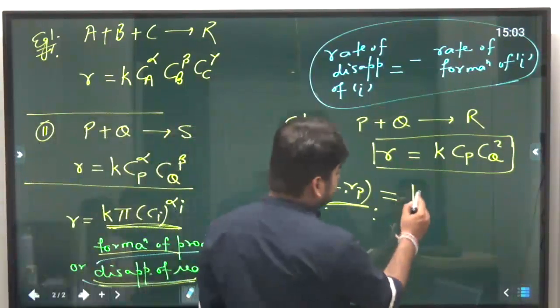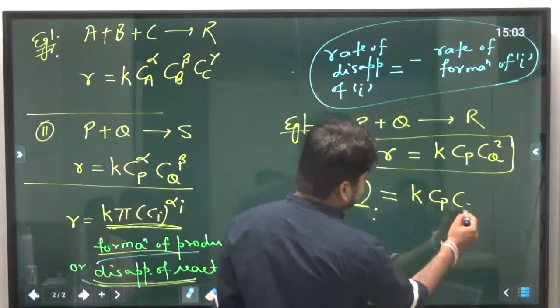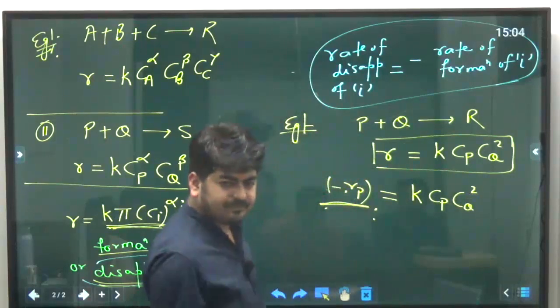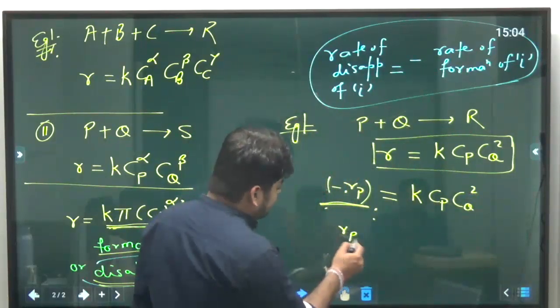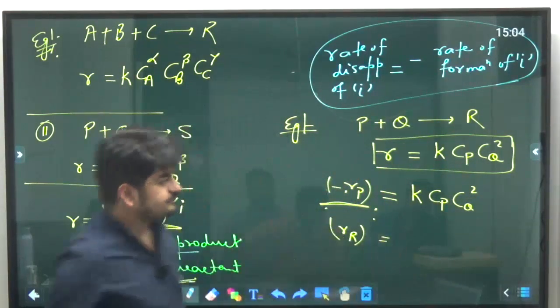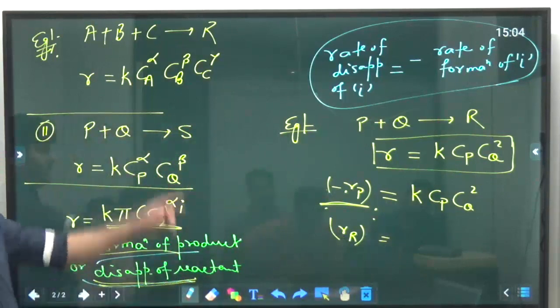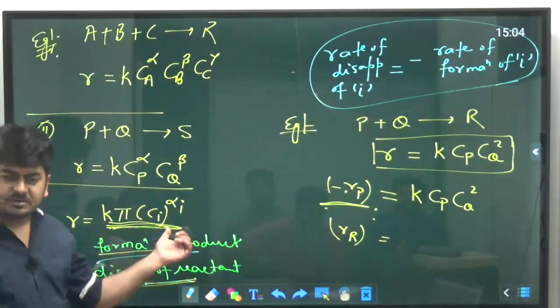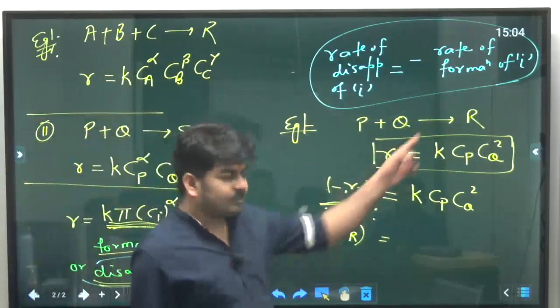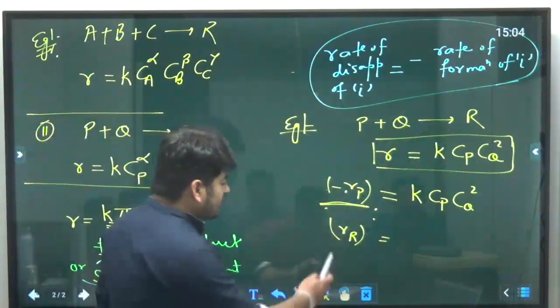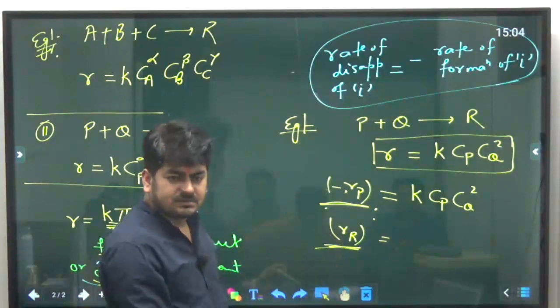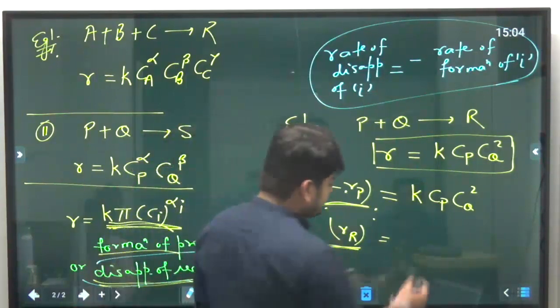So it will be, say, K Cp Cq square. If I want to write Rr, then the right hand side part represents formation of product, R is the product, and I am also talking about the formation of product, same.